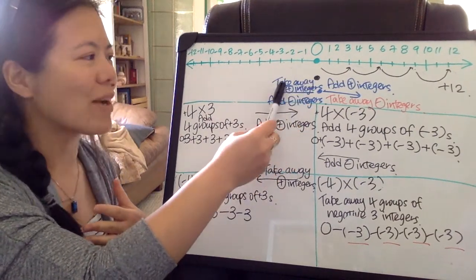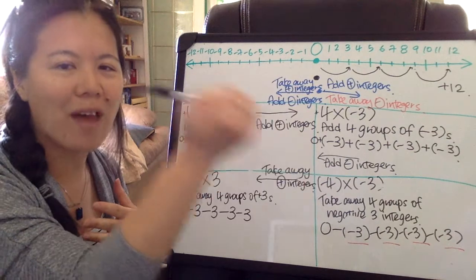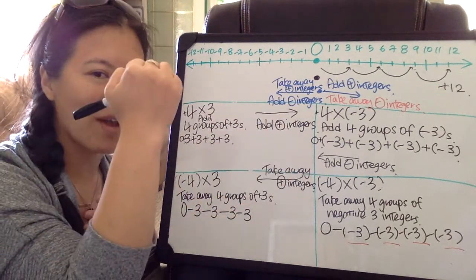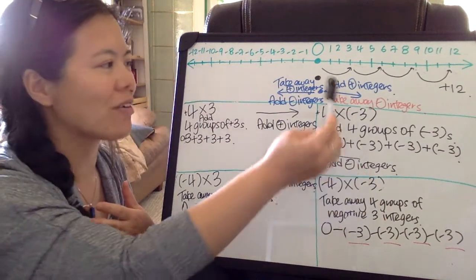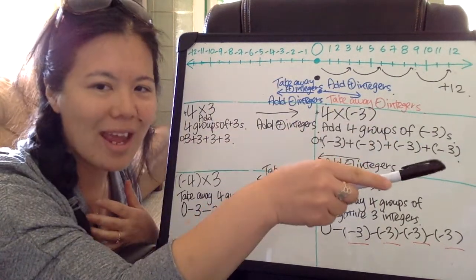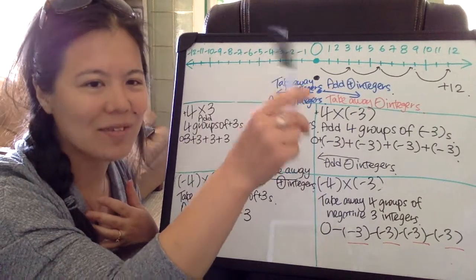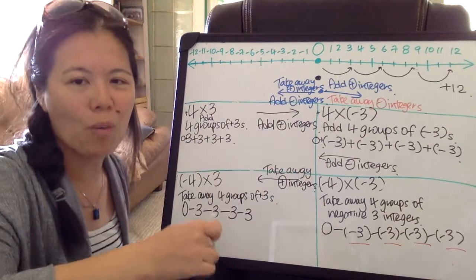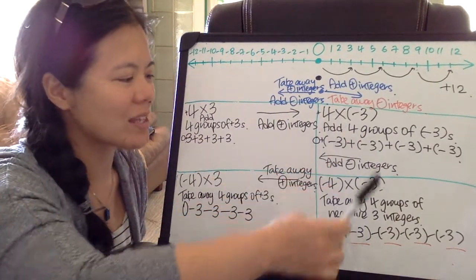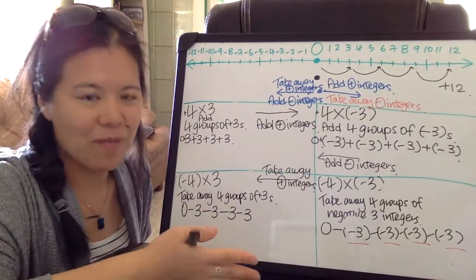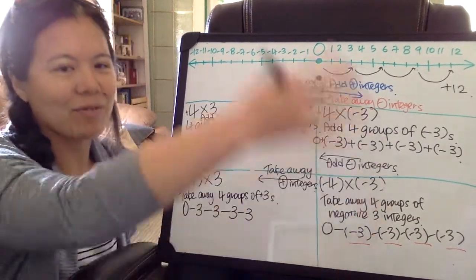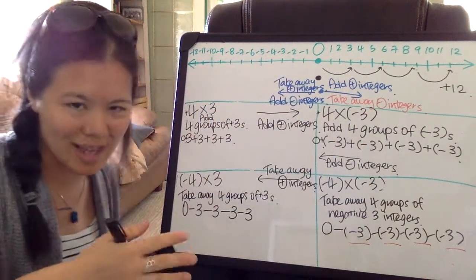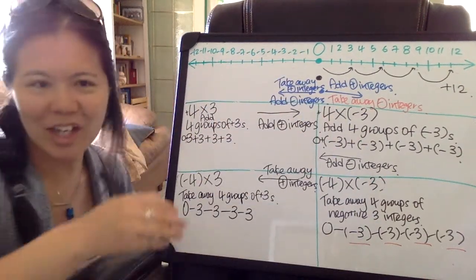When you're taking away positive integers, you go that way. When you are adding negative integers, you also go that way. When you're adding positive integers, you go the opposite way. And when you're taking away negative integers, you also go that way. So I can see this and know which way to go and how these 4 different options work together as a concept. That's one way that I would like to look at it.